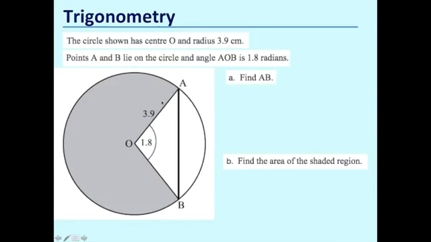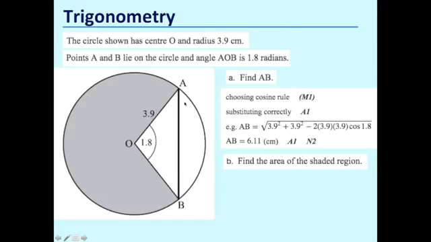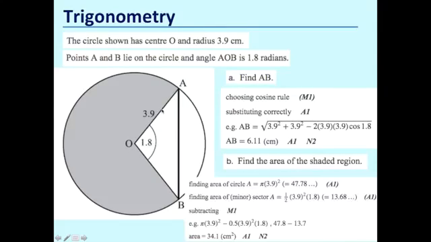So this question is going to be using the cosine rule because we've got a radius here, so this would be side, angle, side. So we can use the cosine rule to find side AB, which is going to give us 6.11 centimeters. And similarly, find the area of the shaded region. So the strategy for this is going to be find the area of the entire circle and then find the area of this sector and subtract it.